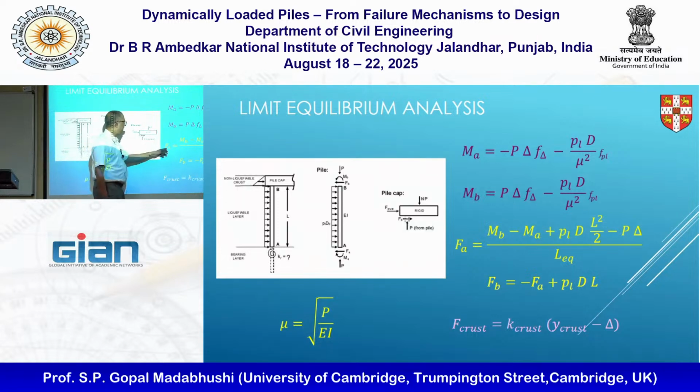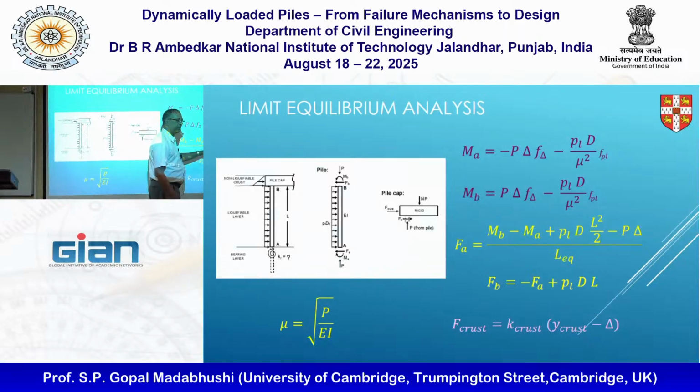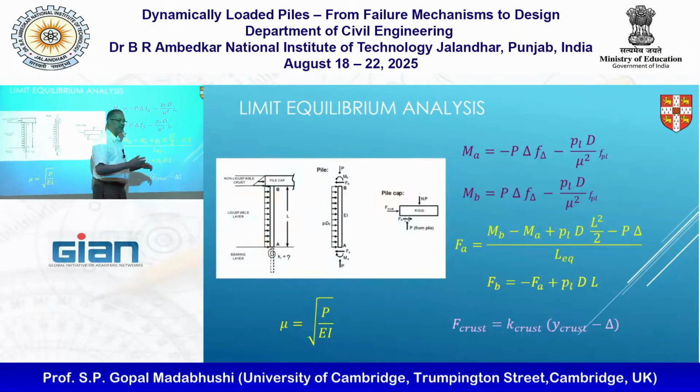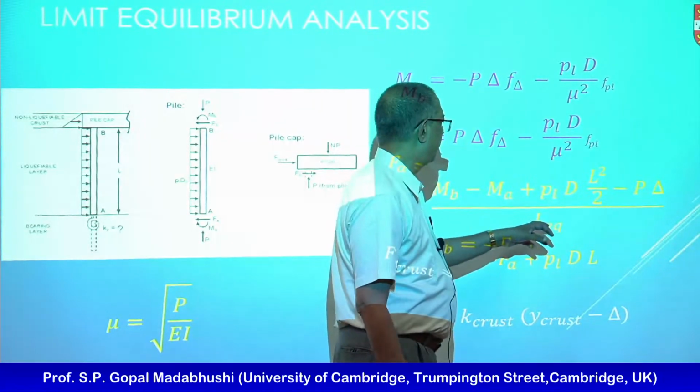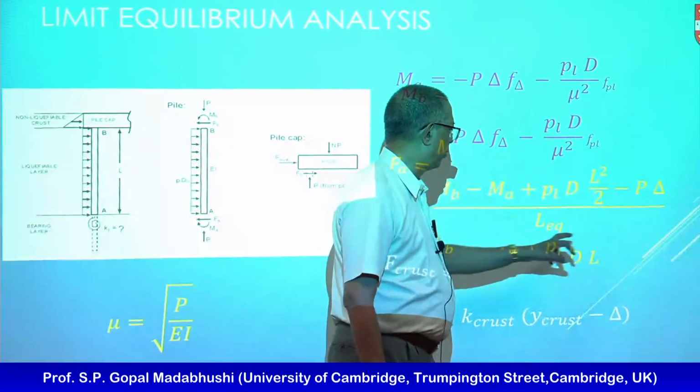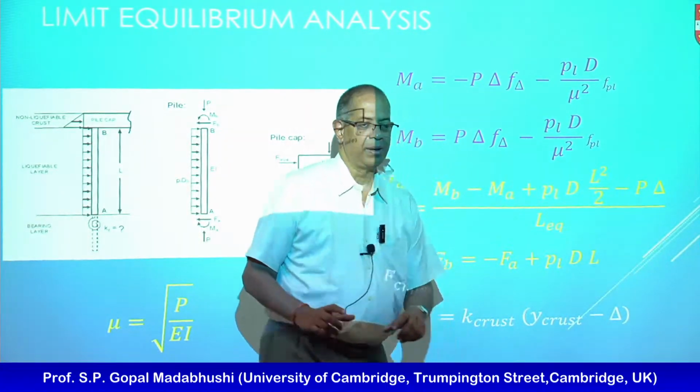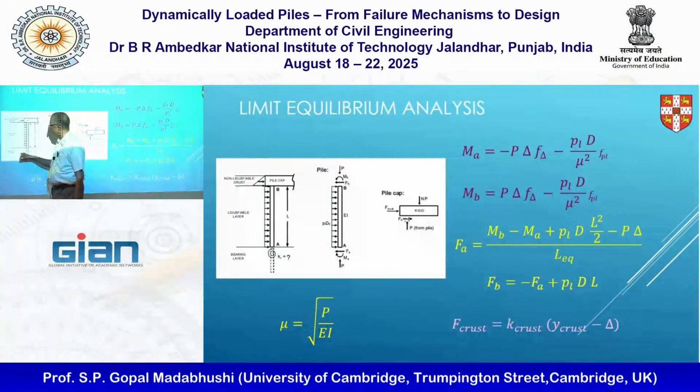So FA simply is the difference between the moments plus, if I take that as uniform pressure, P_LD L squared by 2 because it's a distributed load, minus P delta over the length of the pile in the liquefiable layer.